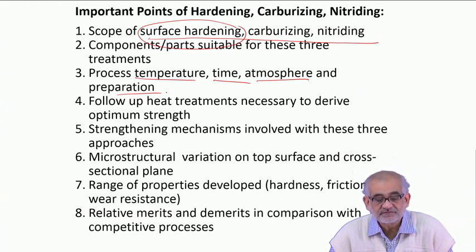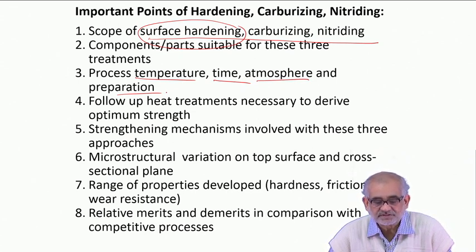The heat treatment is required only for carburizing, and in hardening, the treatment is itself a heat treatment process. So there is no separate post-processing heat treatment required for hardening, but carburizing does require one. The strengthening mechanism in hardening and carburizing is the same, martensitic hardening, but in nitriding it's different, it's the presence of these nitrides.